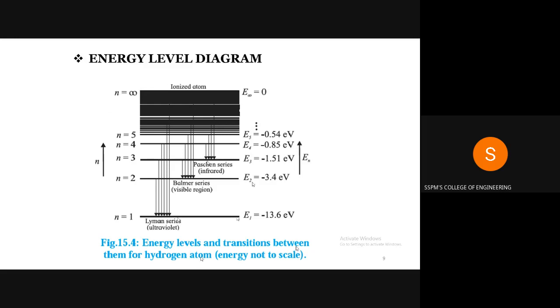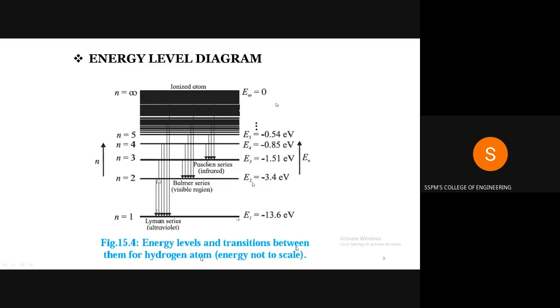Let me clear up why these spectral lines occur. When an electron jumps from a higher energy orbit to a lower energy orbit, it emits photons.